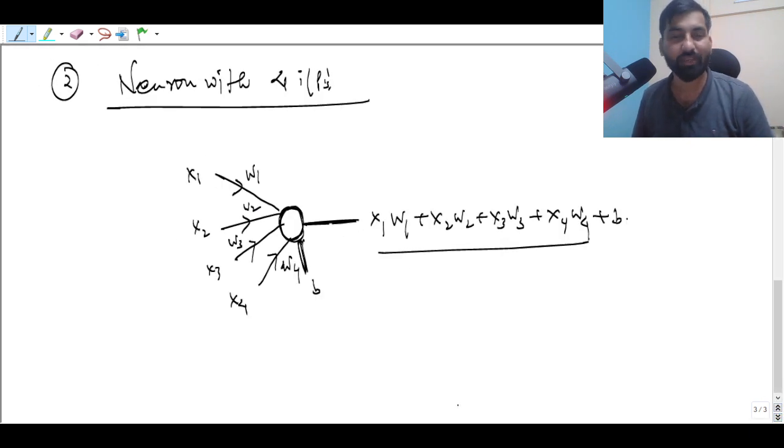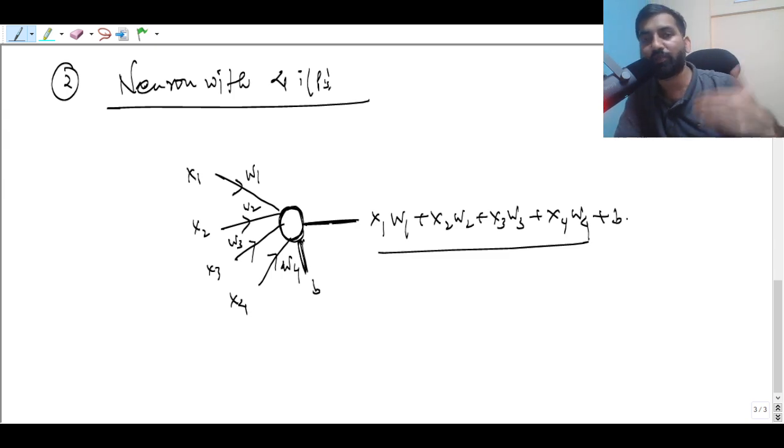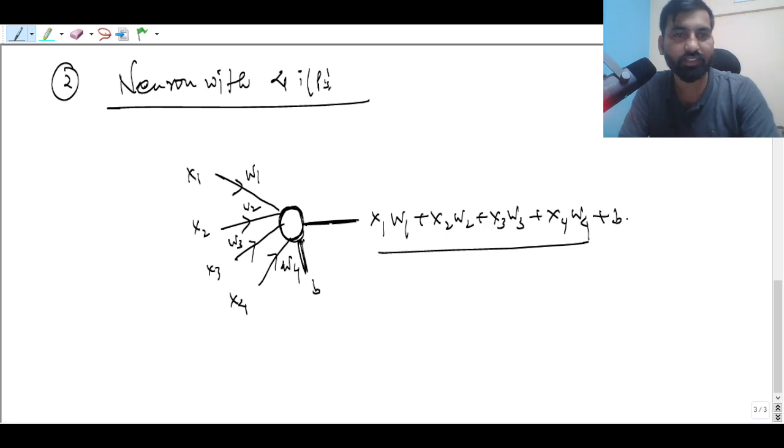I hope this makes sense, right? So what you can do here is you can also write code. Neuron with 3 inputs, you can implement this. Neuron with 4 inputs also. Understand? But what I'm going to discuss here is a layer of neurons.